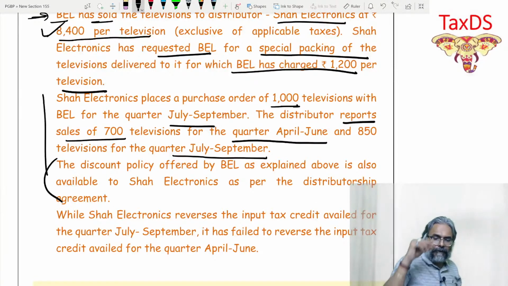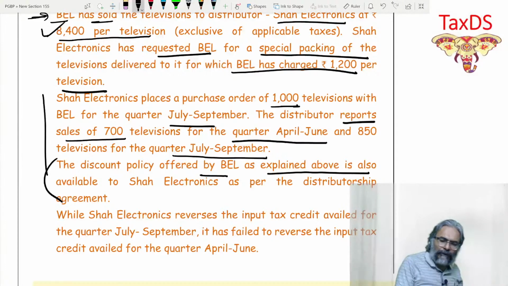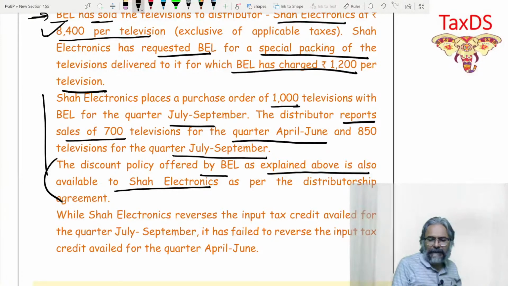Now the discount policy offered by BEL, as explained above, is also available to Shah Electronics as per the distributorship agreement. Why have they given you this statement?